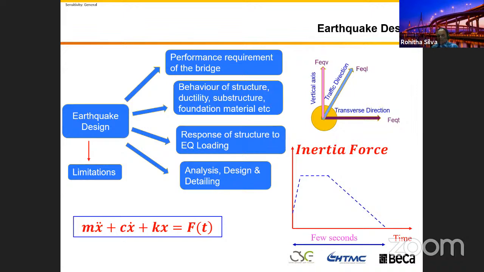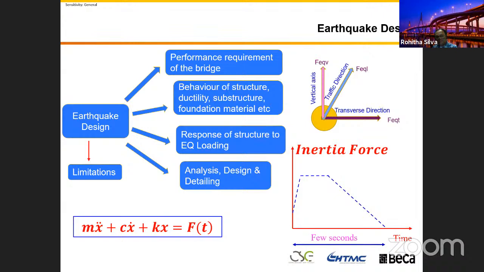We do analysis and design, and we say longitudinal governs, or lateral governs, or vertical governs. But in an actual earthquake, everything can happen three-dimensionally and simultaneously. We never know. But from the information we have, from the data and our experience, we need to design the structure to absorb this inertia force.